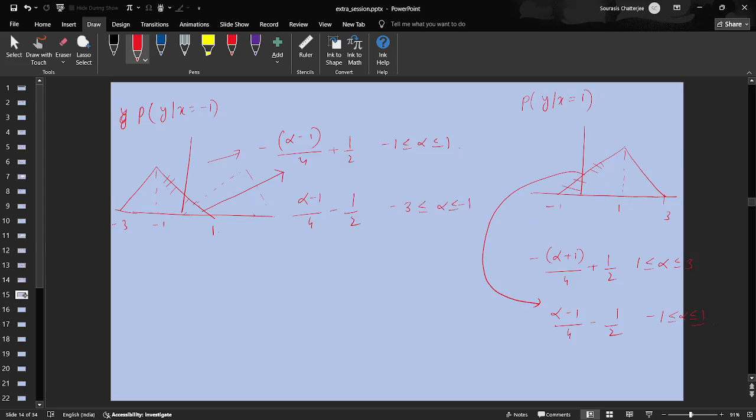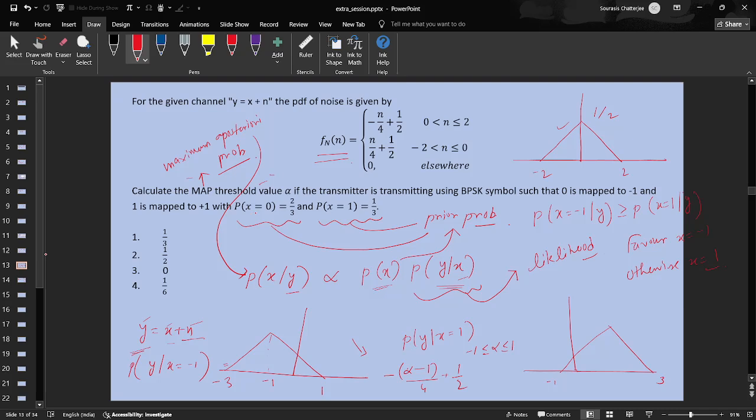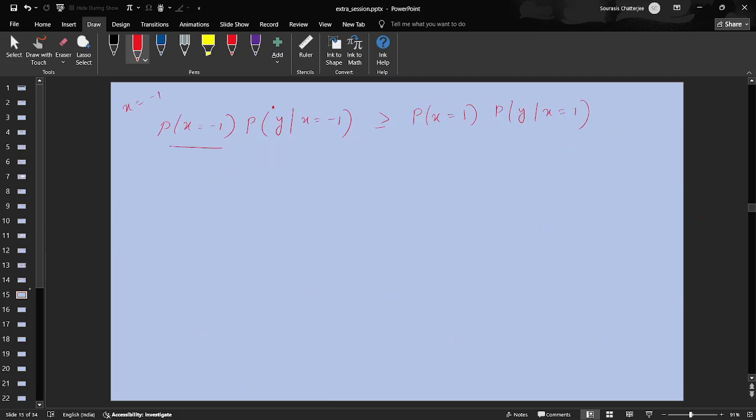But remember, they should be multiplied with the prior probabilities also. What is the prior probability of x being -1 when 0 is mapped to -1? That is 2 over 3, right?